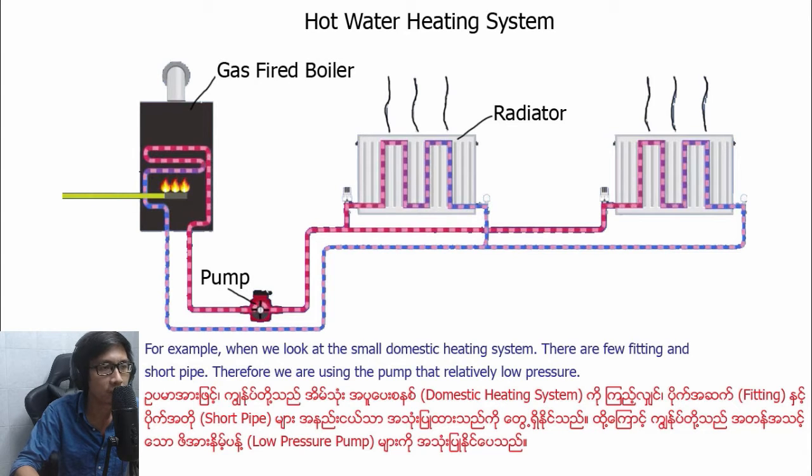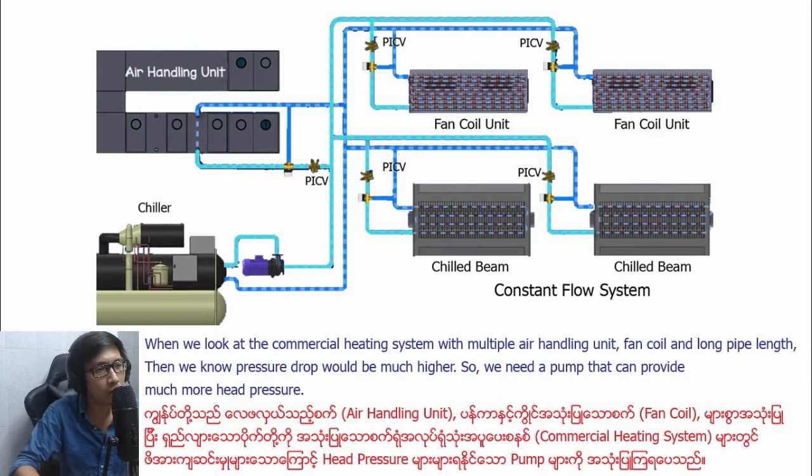Therefore, we are using the pump at relatively low pressure. When we look at a commercial heating system with multiple air handling units, fan coils and long pipe length, then we know the pressure drop will be much higher. So we need a pump that can provide much more head pressure.